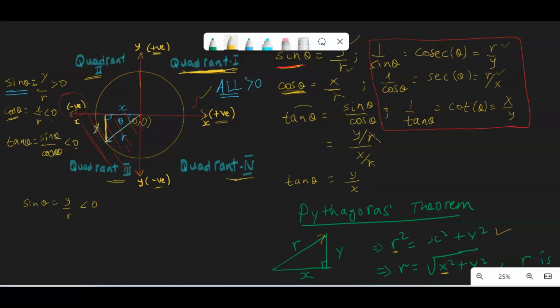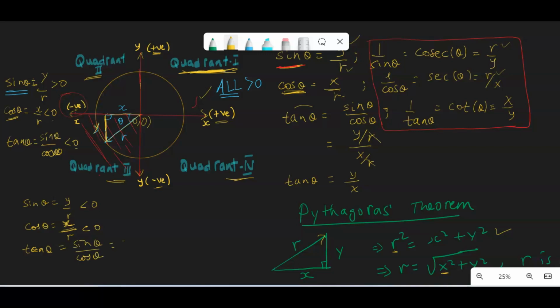Let's see cosine theta. Cosine of angle theta is equal to the adjacent side, which is x, divided by hypotenuse. So x is negative, this area, negative. So negative divided by r, which is always positive, is less than 0. So tangent value is positive because it's sine of angle theta divided by cosine of angle theta.